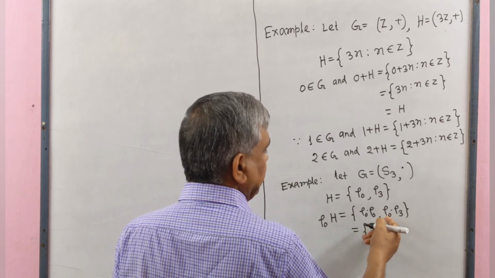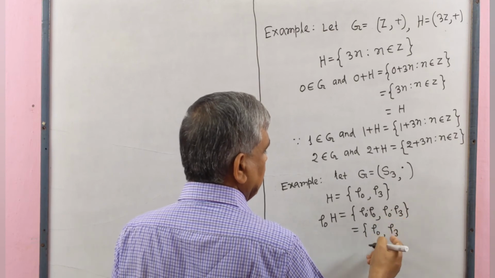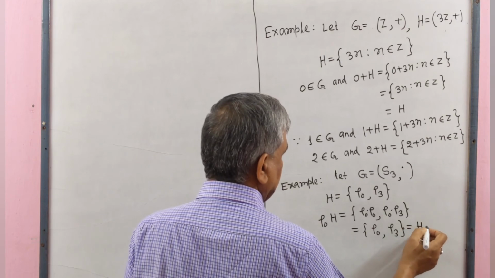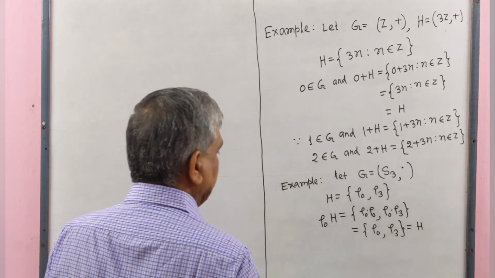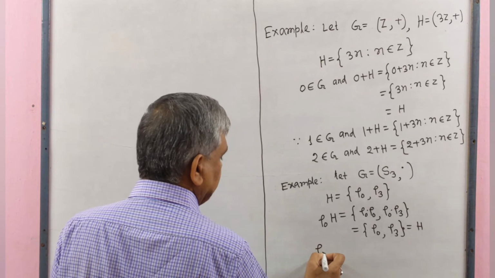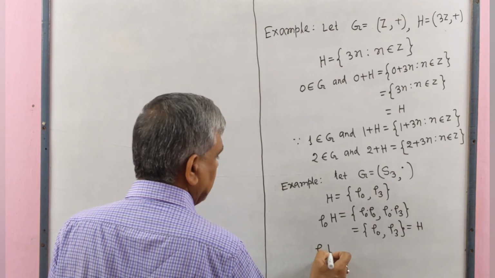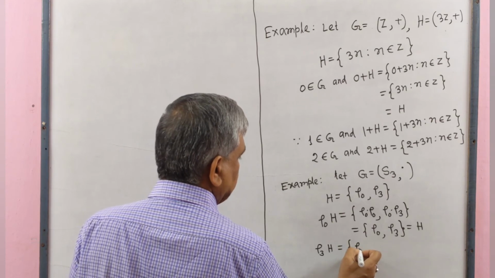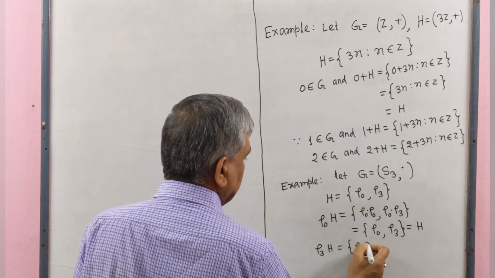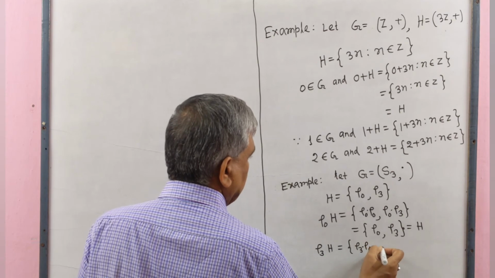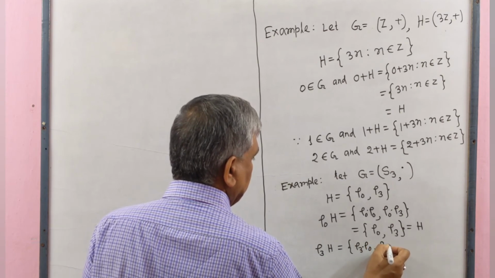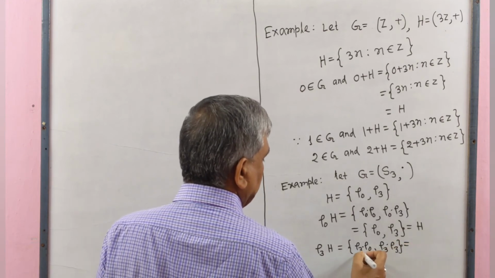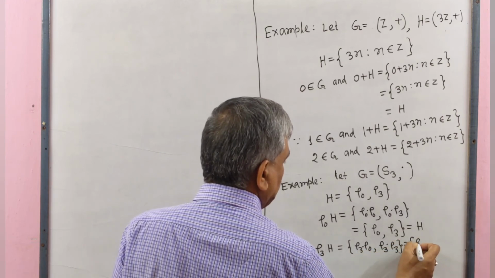Rho 0 is the identity permutation, so rho 0 rho 3 is rho 3, and this equals H. Similarly, if we take rho 3 H, here rho 3 rho 0, rho 3 rho 3.